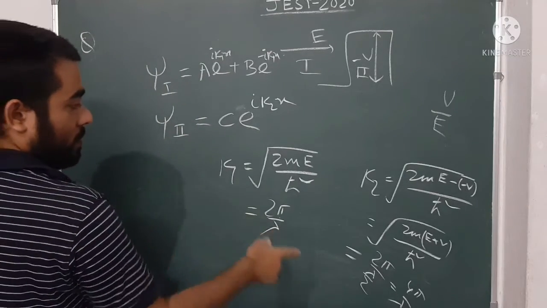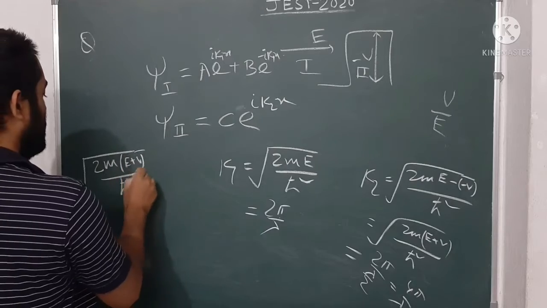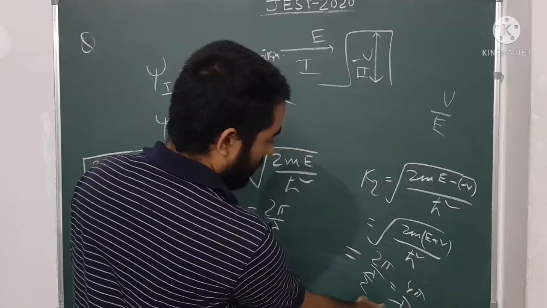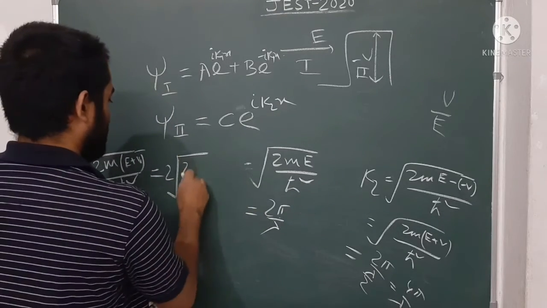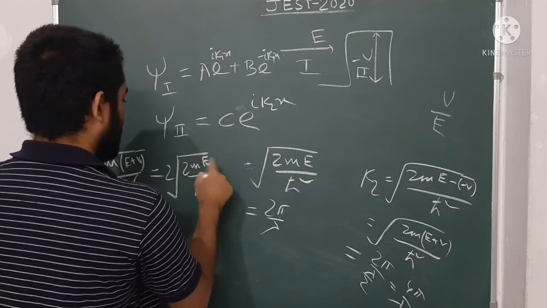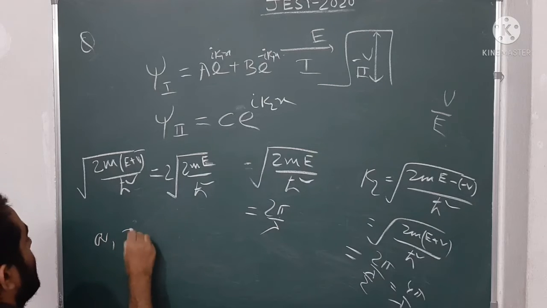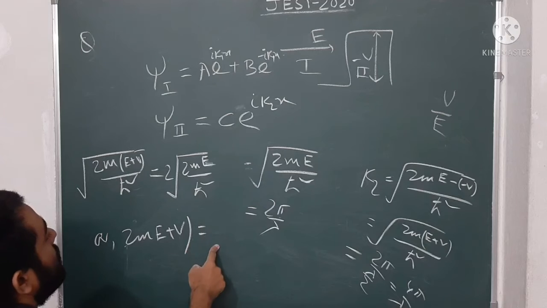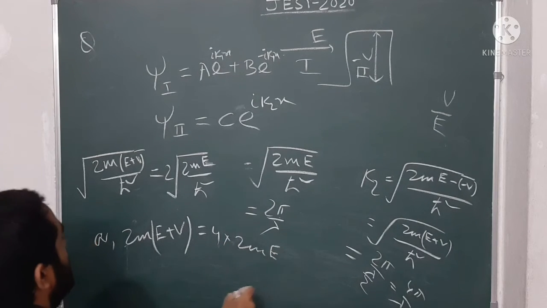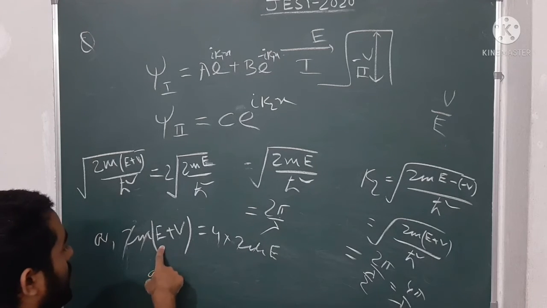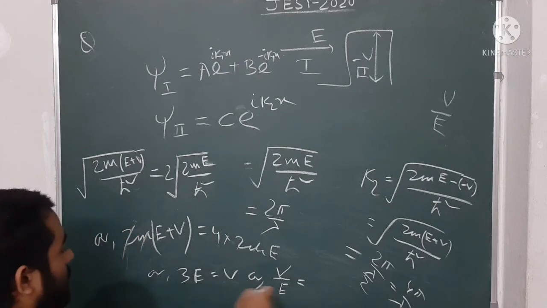So we can equate both these equations. 2m(E plus V) upon h cut square is equal to 2 times this, or if we square both sides, then 2m(E plus V) is 4 into 2mE. 2m and 2m cancel out, then if we take E to that side, 3E equals V, or V upon E is 3.